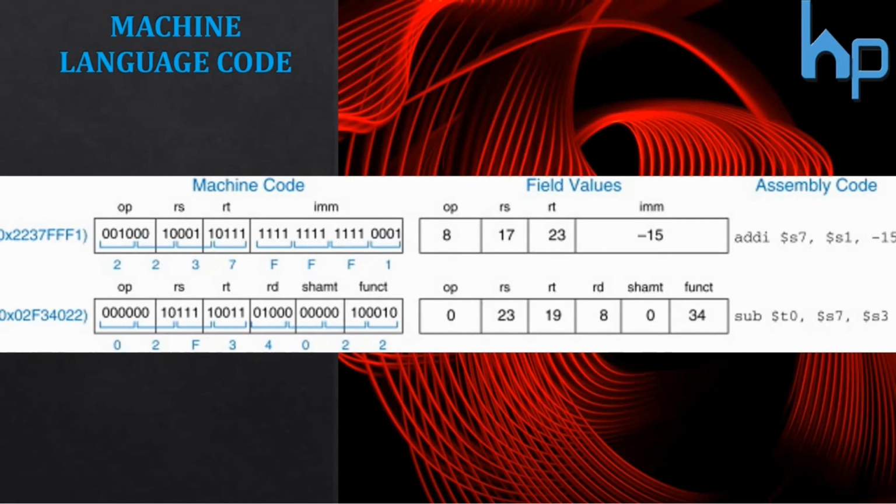These English words will be converted into machine level language code such as 000, 1000, 1001 like that. This process of converting your high level language into machine level language is performed by your compiler.